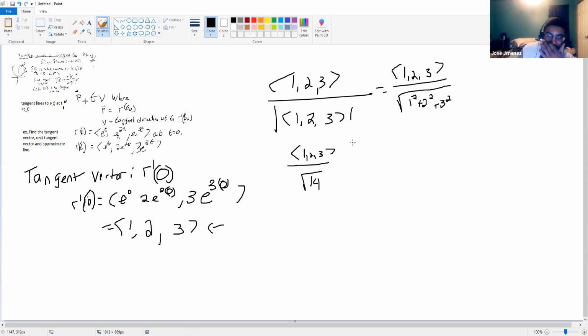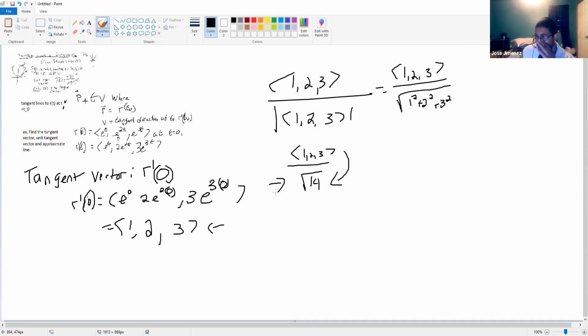And I'm going to say this is the final answer, but I think what some of you wrote in the test, Pearson didn't like because I think you left out the radical on the bottom. I think it wanted the unit length, and you wrote this, but you forgot the actual thing on the bottom.